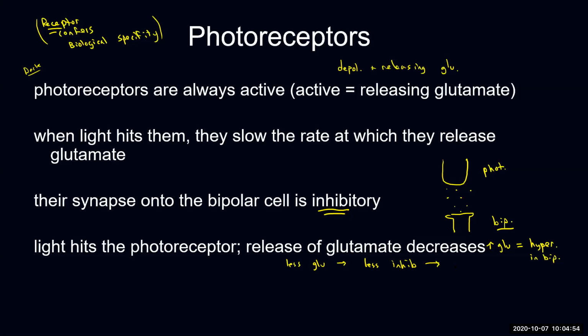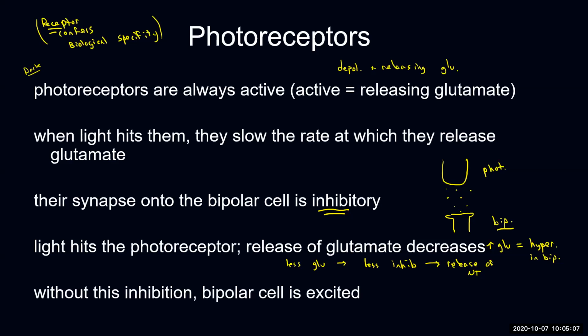Less inhibition leads to release of neurotransmitter. Okay, so without that inhibition, the bipolar cell is actually depolarized. It's excited, and I get more neurotransmitter being released. Why the system is like this, I wish I knew. It has to do with the evolution, obviously, of the cell.